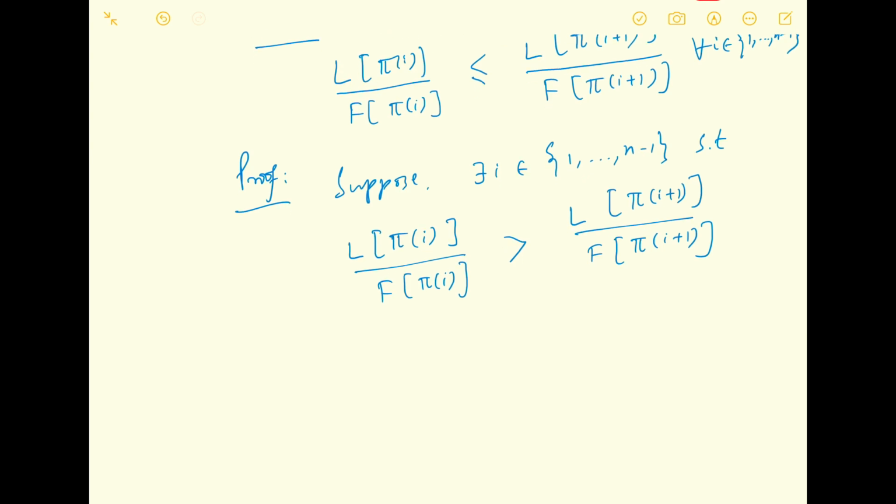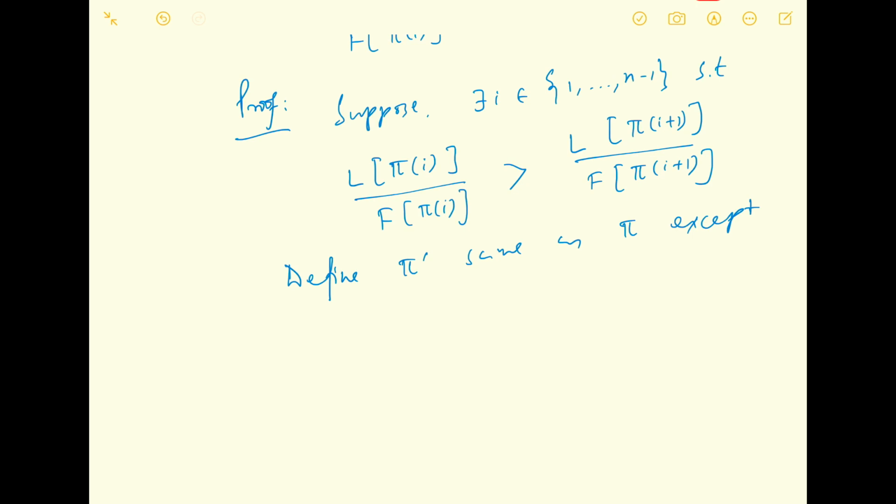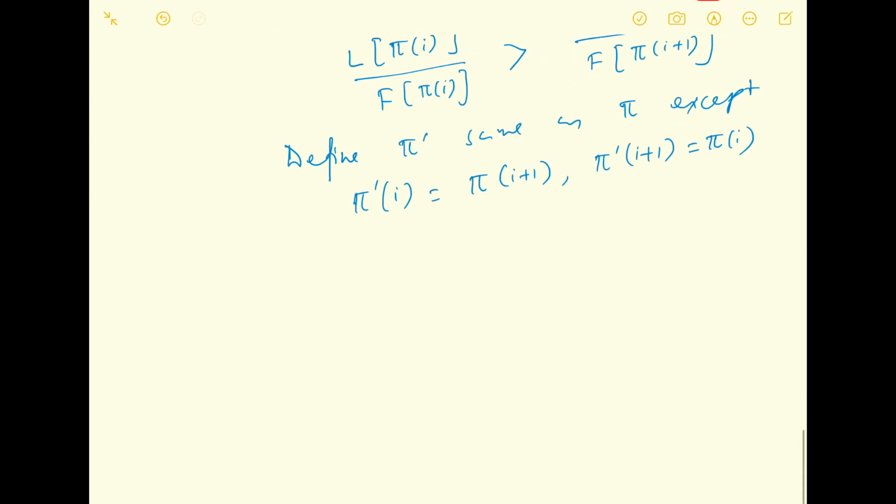So define pi prime same as pi, except pi prime i equal to pi i plus 1 and pi prime i plus 1 equal to pi i. You swap pi i and pi i plus 1 and then you get pi prime.